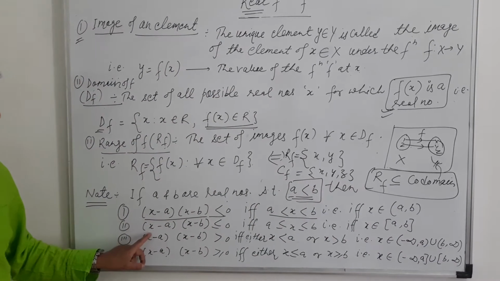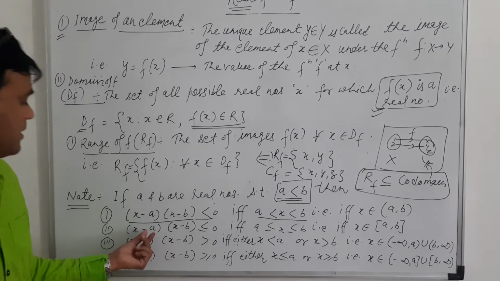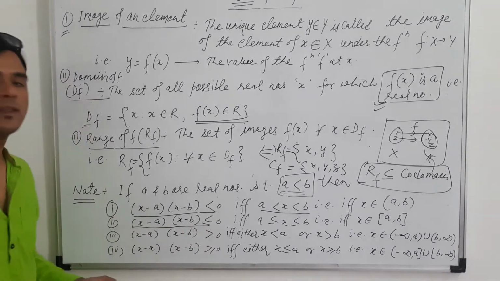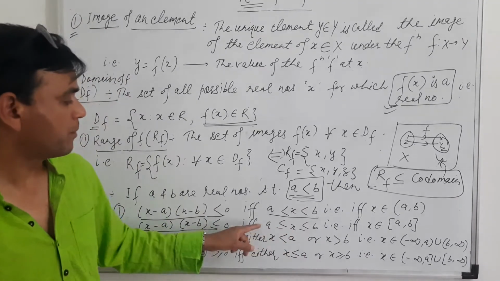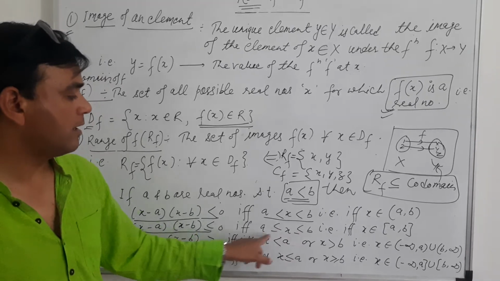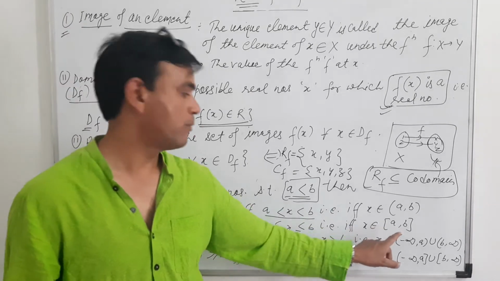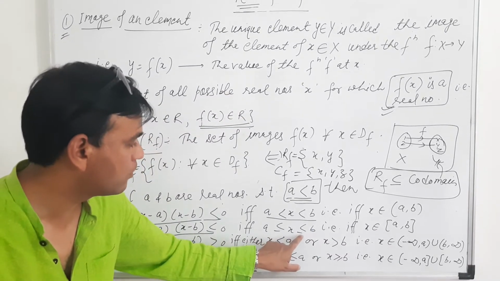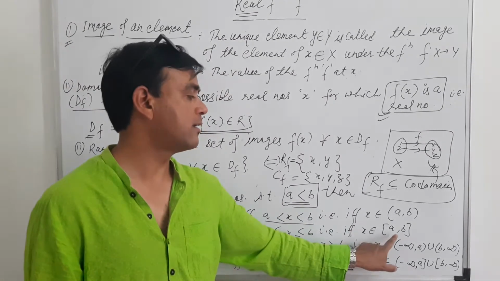Similarly here, x minus a into x minus b less than or equal to 0. If this condition is given to you, after factorizing the inequality, you can go for this result: x is greater than or equal to a but less than or equal to b. You can write this in interval form. Since there is an equality sign in both places, you can write x belongs to the closed interval [a, b].